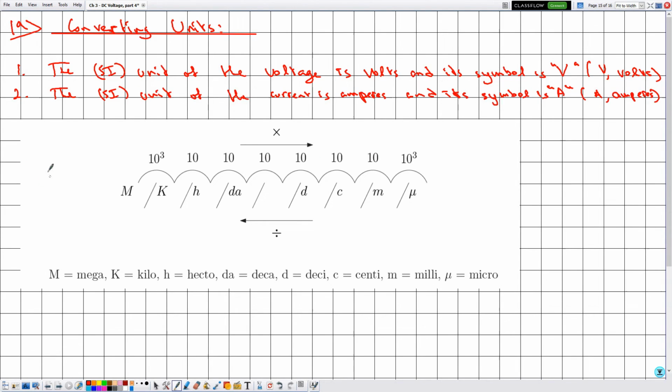And we should have the ability to convert from a certain unit to the SI. Then let's say the conversion of the units to the SI is done using the following table.